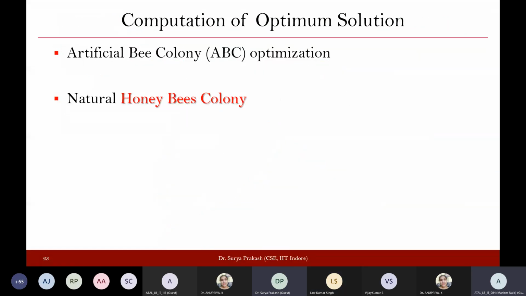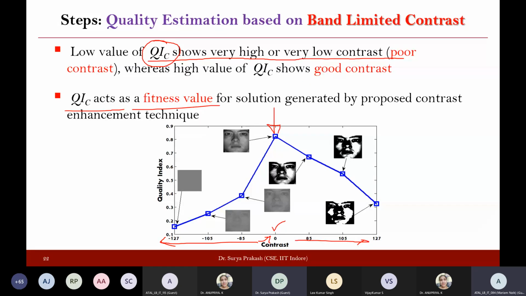Yeah. So let us see now how the optimization is being performed with the help of artificial bee colony here. And one more thing, since you have asked this question: whatever values you are getting for the contrast and for CXY need to be normalized to a particular range so that proper thresholds can be defined.